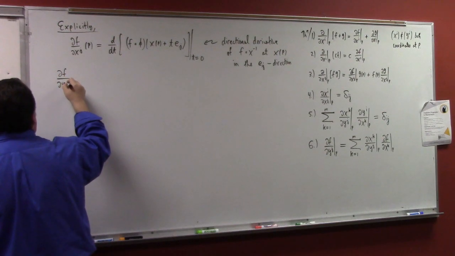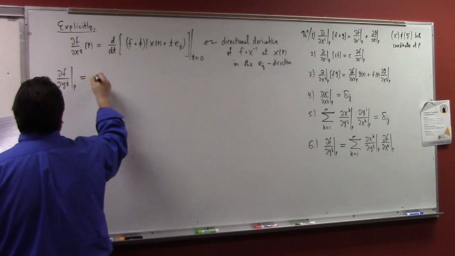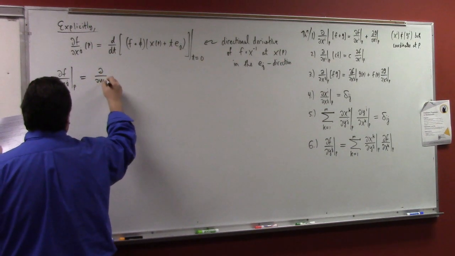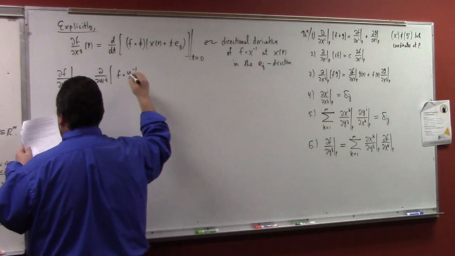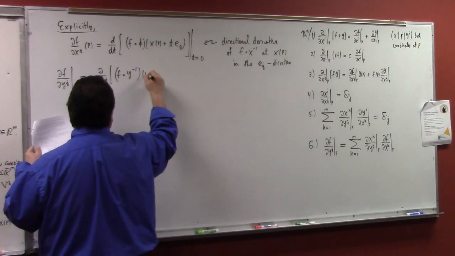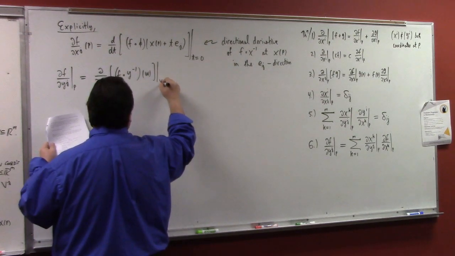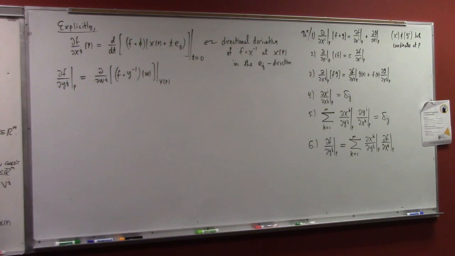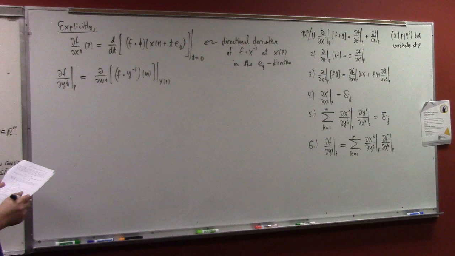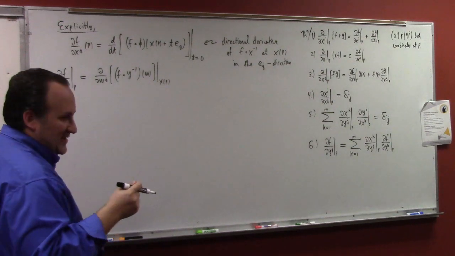Partial f partial yj at the point p is by definition partial partial wj of f composed with y inverse of w. And then you evaluate that at y of p after you're done differentiating. But then the trick, as is always the trick when you're trying to derive a chain rule, is to insert the number 1 cleverly.